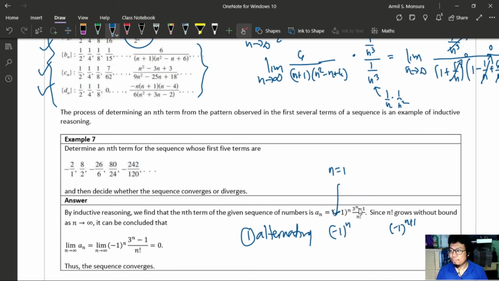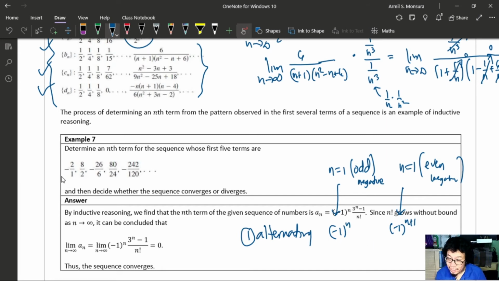If the odd terms are negative, starting with the first term, this factor might appear. Whereas if your odd terms are positive, so therefore the even terms are negative, starting at n equals 1, because at n equals 1, -1 squared is positive, so here your even terms become negative. So these two factors will be useful for alternating sequences, such as this one.